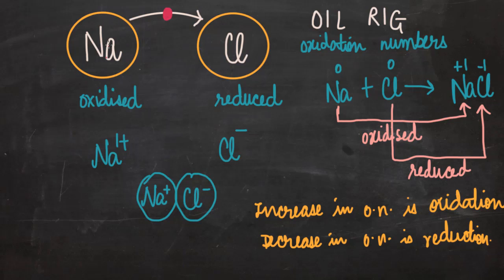So whenever an atom loses electron, it cannot just throw those electrons in air. It cannot just chuck electrons. There has to be another atom which is receiving those electrons. So there will always be one substance which is getting oxidized and another substance which is gaining the electrons and getting reduced.